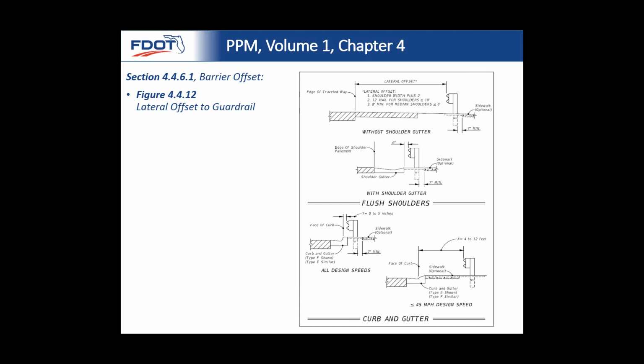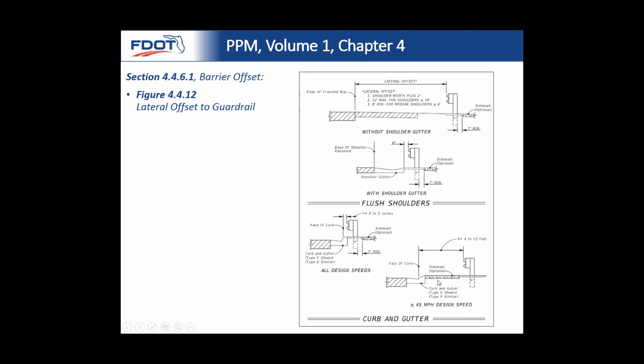For areas in lower design speeds, so less than or equal to 45 miles an hour, where we start to allow some acceptable further offset, the new criteria on that is that whether we're talking a type F or a type E curb, it's the same for both. That allowable offset is now between 4 and 12 feet.